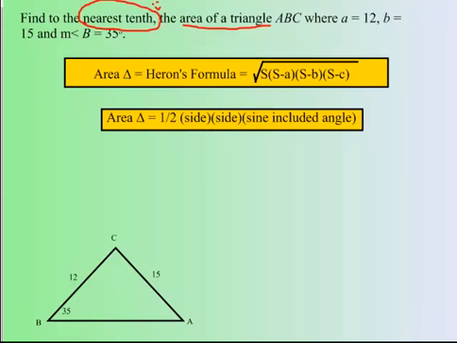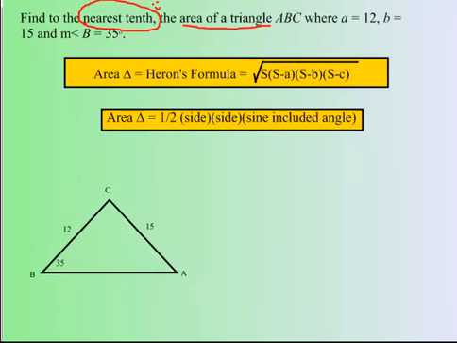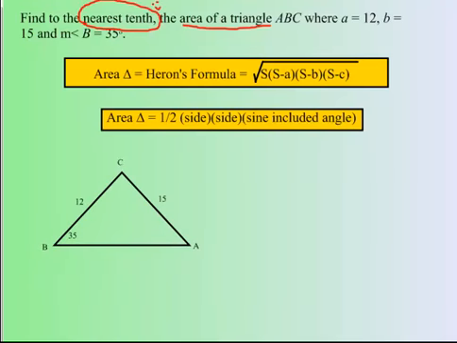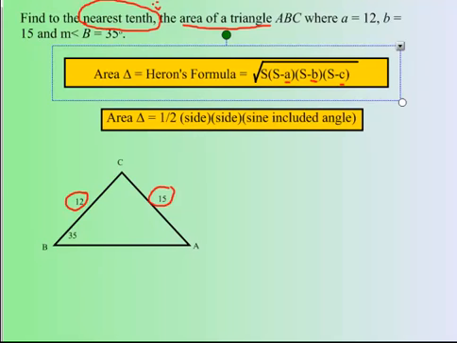Okay, so I've got my picture down here. Well, Heron's formula is out of the question, because with Heron's formula, I need to know all three sides, and I only know two of my sides. So let's get rid of Heron's formula.